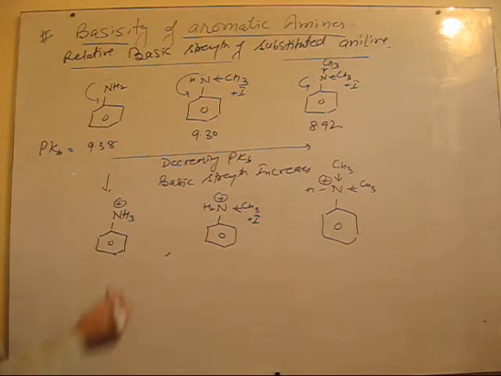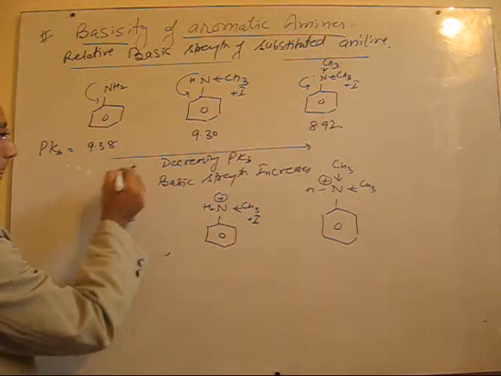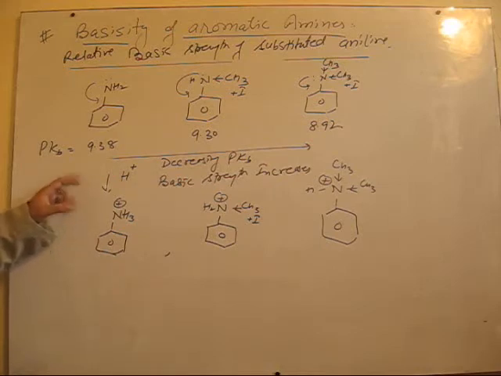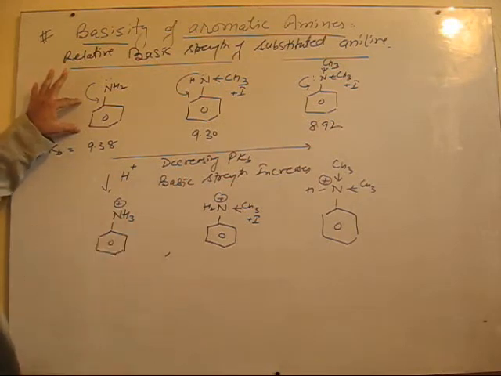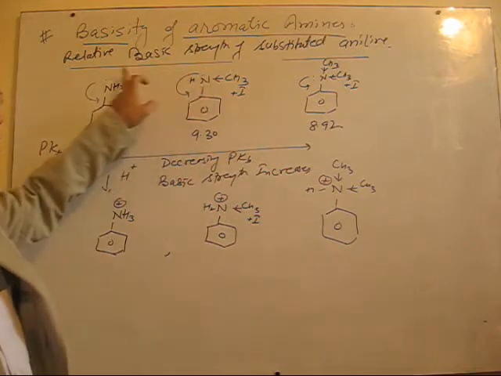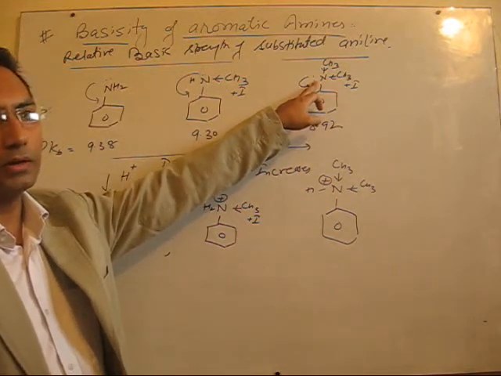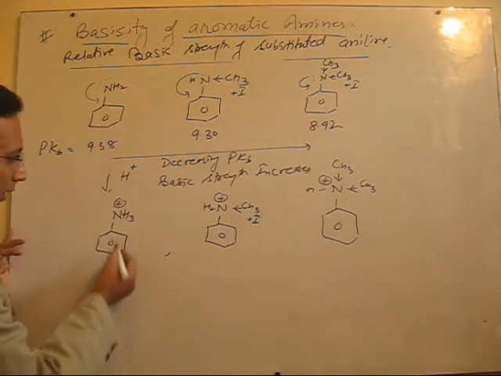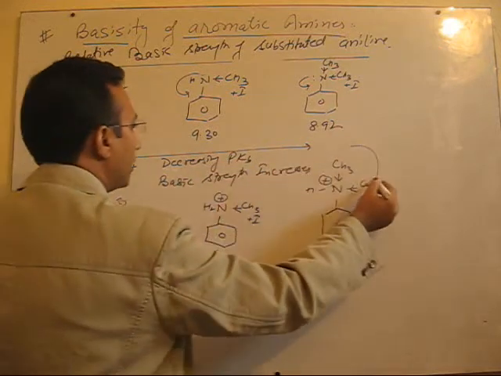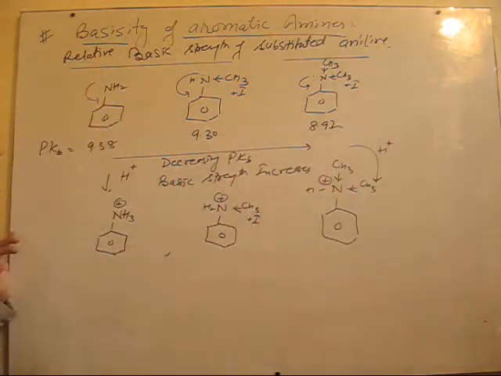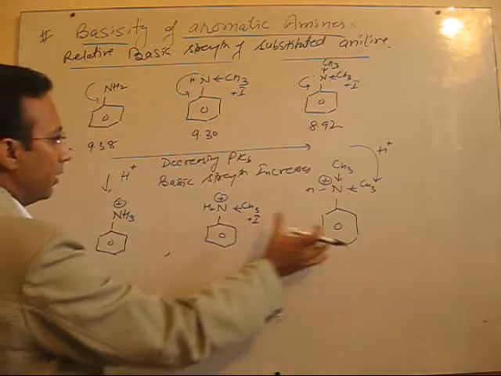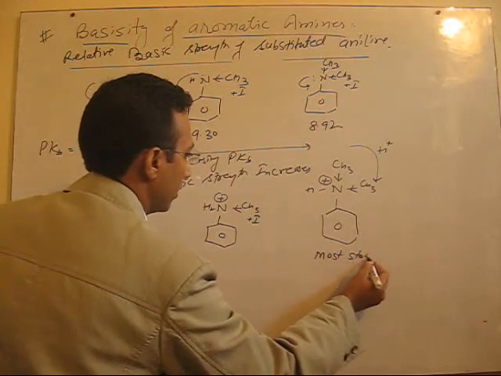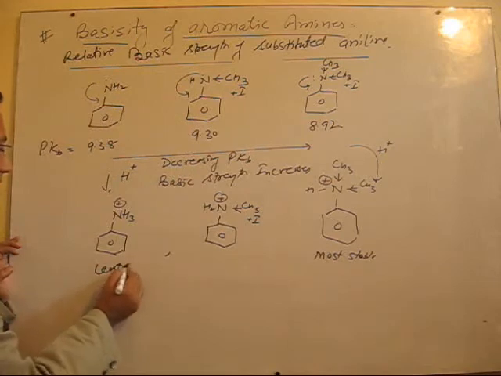So I have already told you many times that you can discuss the comparison of acidic strength, basic strength or any other comparison through reactants, that is availability. For example, in this case I have discussed on the basis of availability of the lone pair on nitrogen, due to which the proton will be attracted. Or it is very simple, if you have the same reaction for all, that is, what will happen when they accept H plus. So this is the cation form. You can discuss the stability of the cation form. This is the most stable among them and this is the least stable among them.